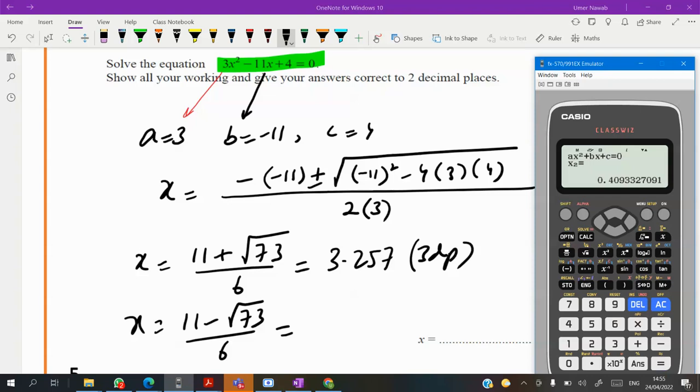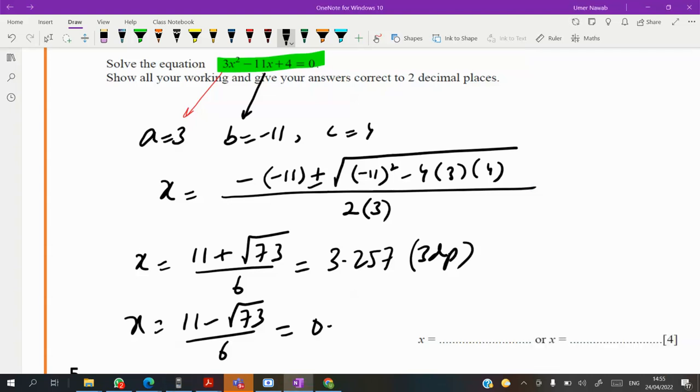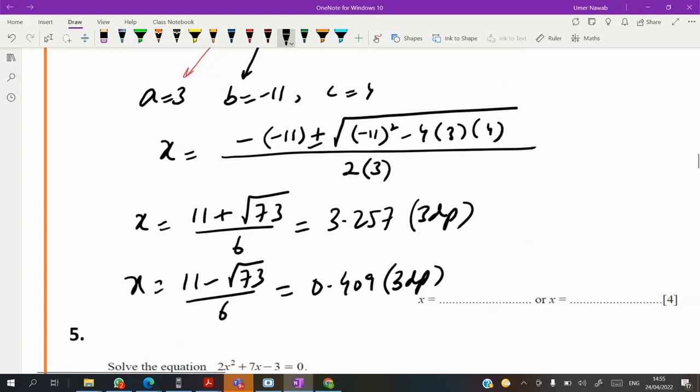In decimals it is 0.409 in 3 dps, but we need to write our answer to 2 dps. So this is 3.26, and the second one is 0.41.